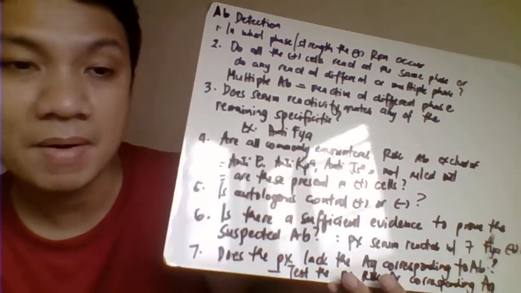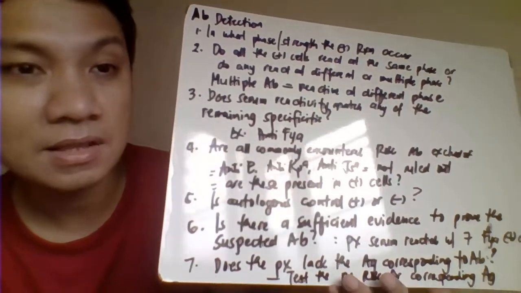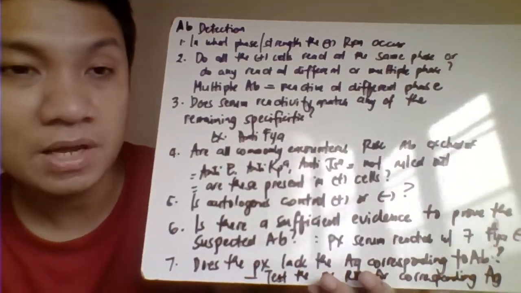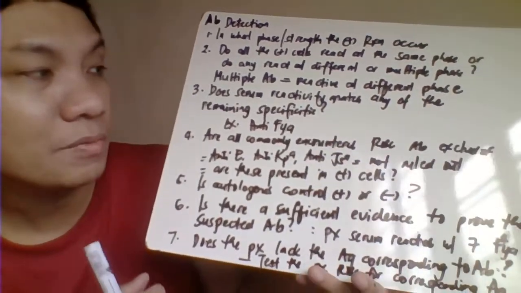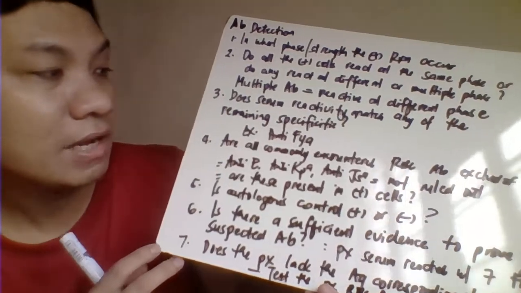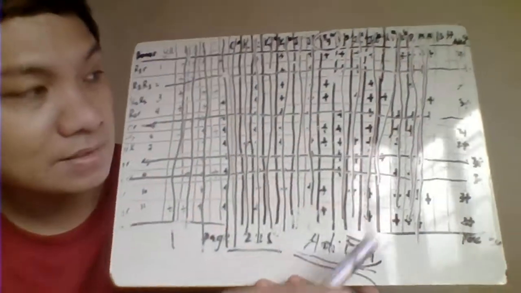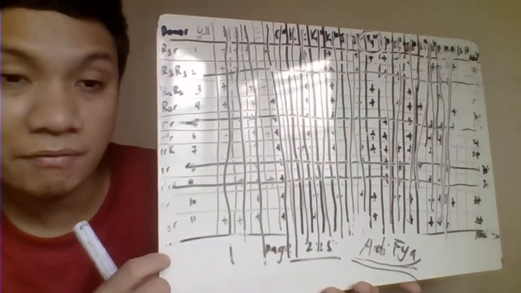So, that's what I'm saying here. Pag iba-iba ang kanyang reaction, positive siya sa antihuman globulin phase, positive sa 37, iba-iba ang strength, it would identify that you have different antibodies. Third one, does the serum reactivity match any of the remaining specificities? Okay, na-rule out natin kanina, since positive siya dito, positive siya, positive siya, so this would identify your FYA.